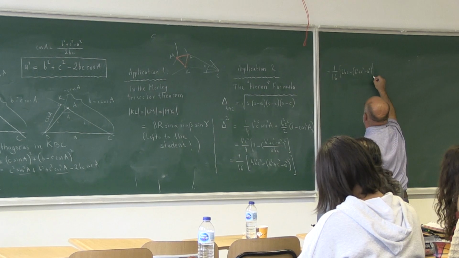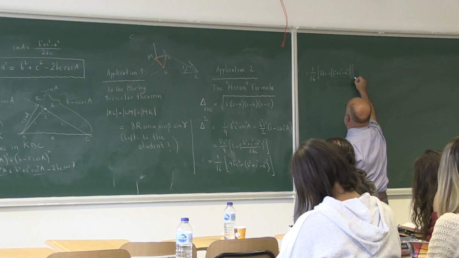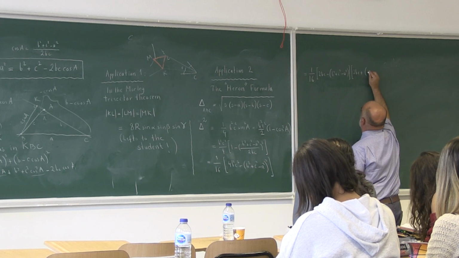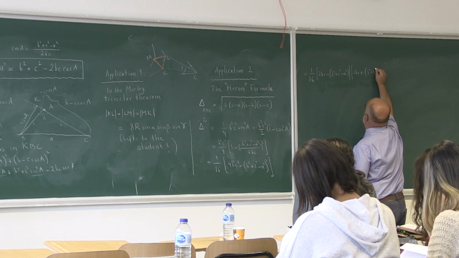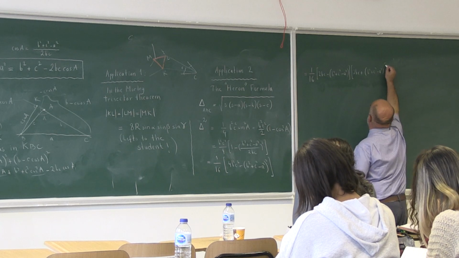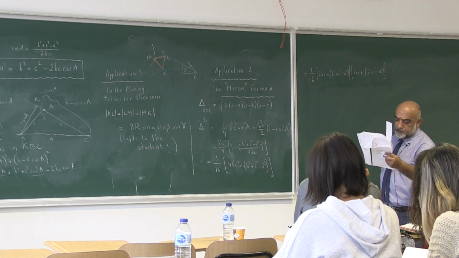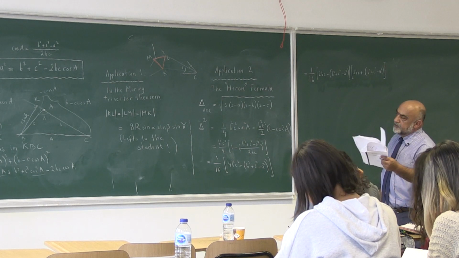And of course I shall multiply it with the same thing: 2BC plus B squared plus C squared minus A squared. Fine, that's great.